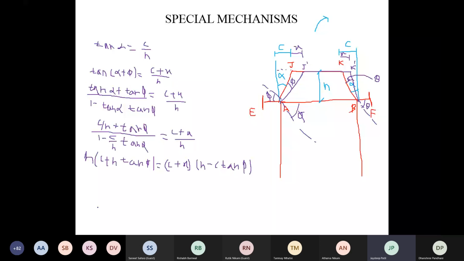Means you will get HC plus H square tan phi is equal to CH minus C square tan phi plus XH minus XC tan phi. Now check this equation.